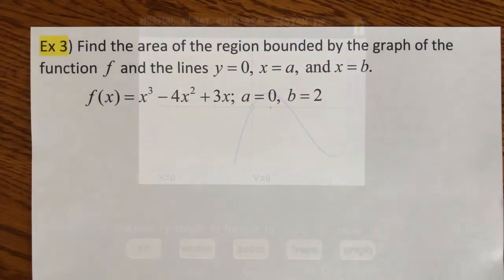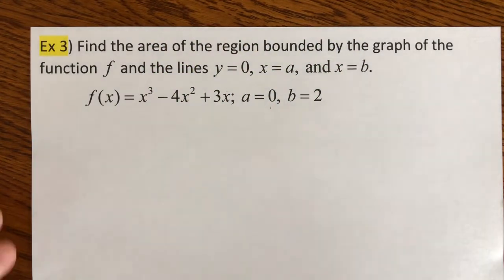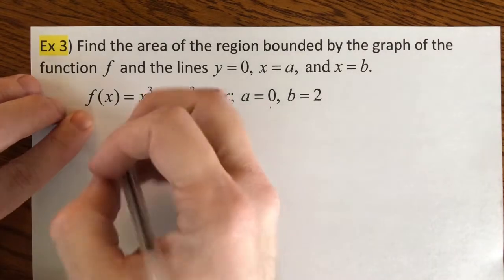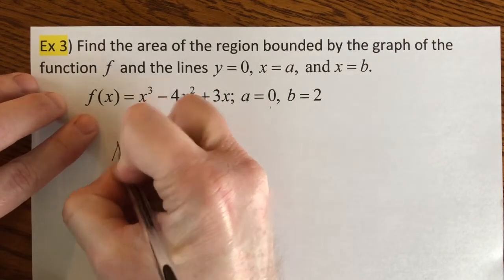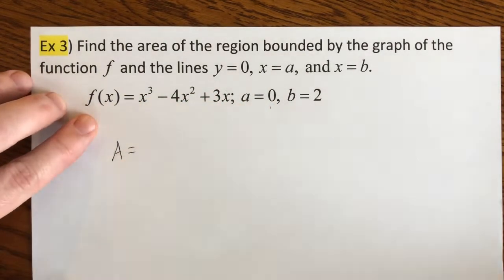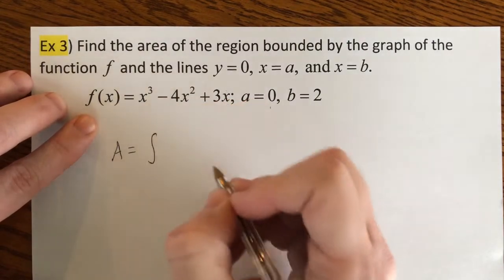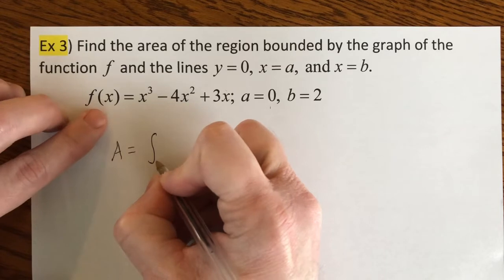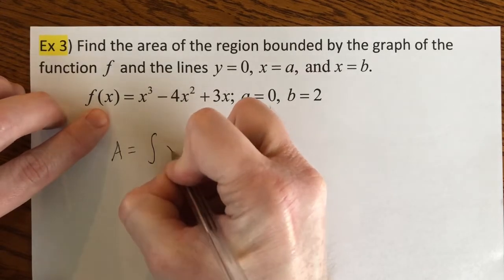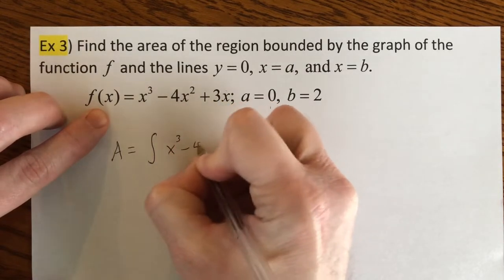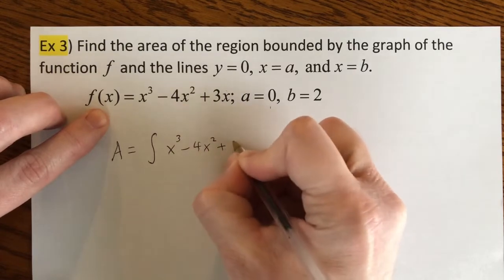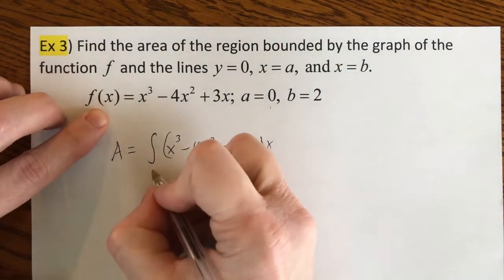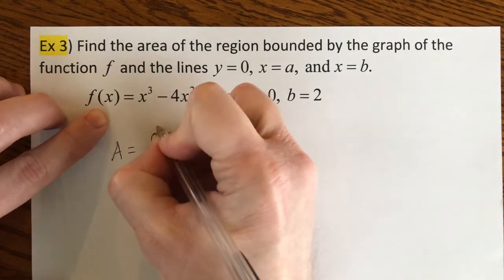So let's see what we have to do based upon knowing that. Based upon what you just saw graphically with respect to this function f of x, let's see how we would set this up. The area is going to be equal to, first of all, the integral of the function f of x, which is this, over the interval from 0 to 1.